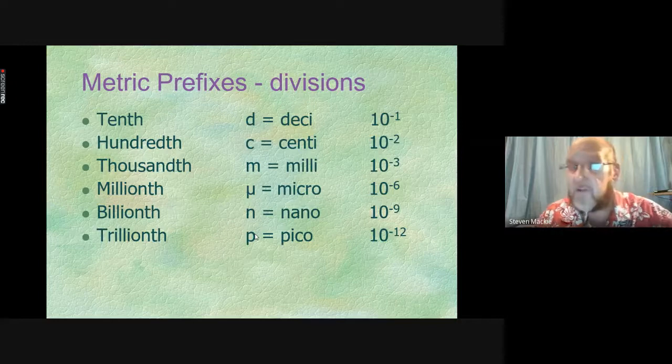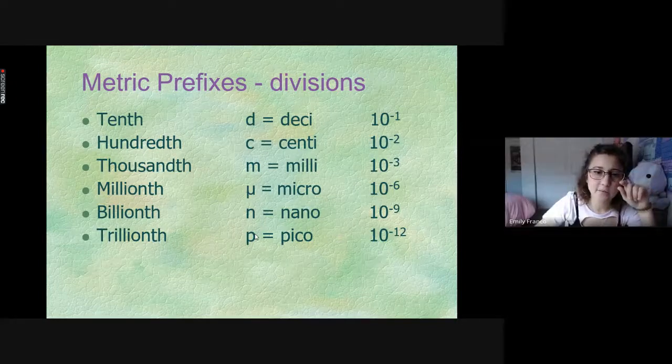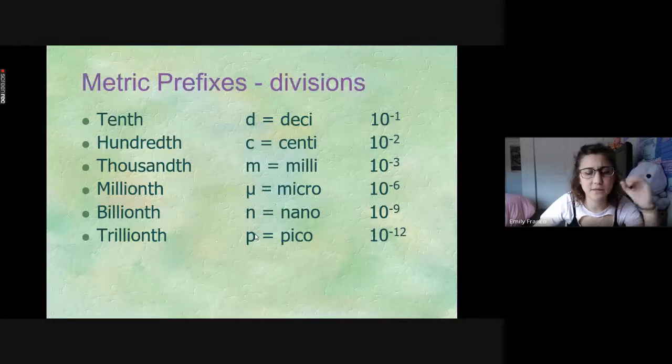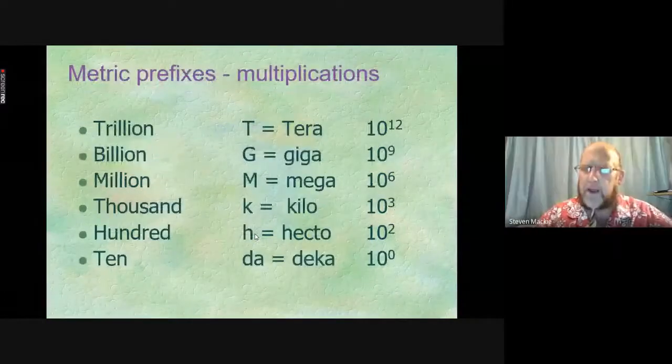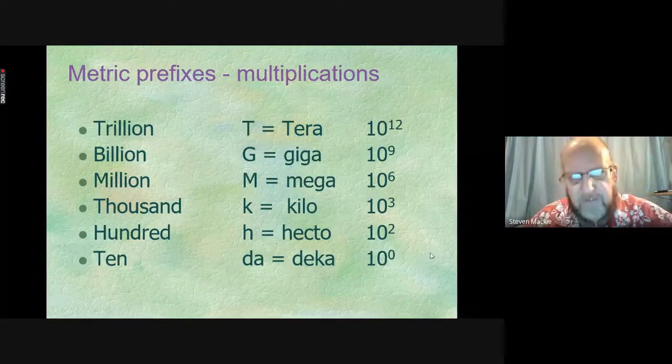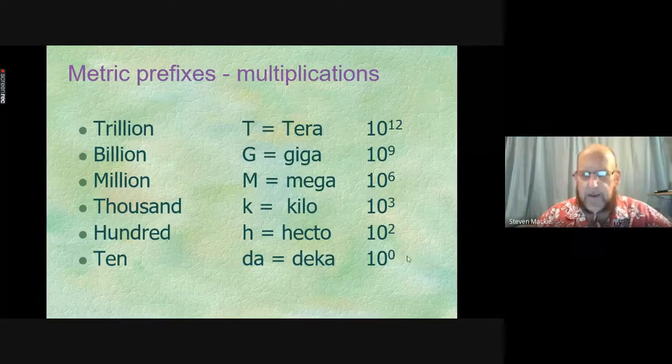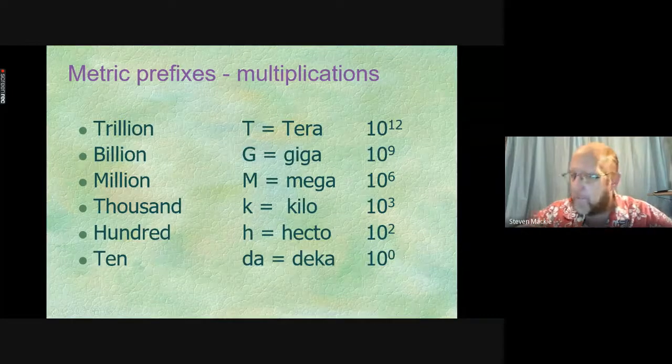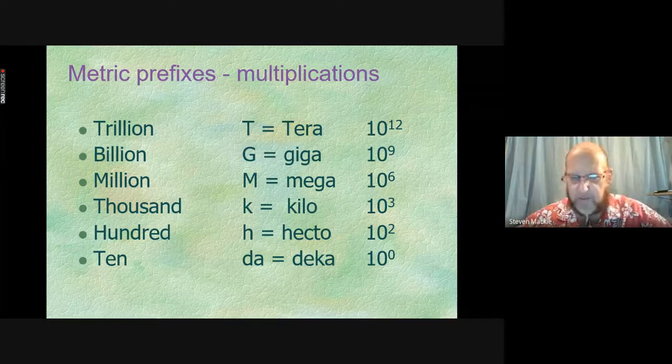Yes, go ahead. On the previous slide, it was saying that DA was 10 to 0. Oh, you are right. It's wrong. Thank you very much. That is a mistake there. And, well, I'm going to make a point of correcting this. Fortunately, I repeat this stuff multiple times, but you are right.